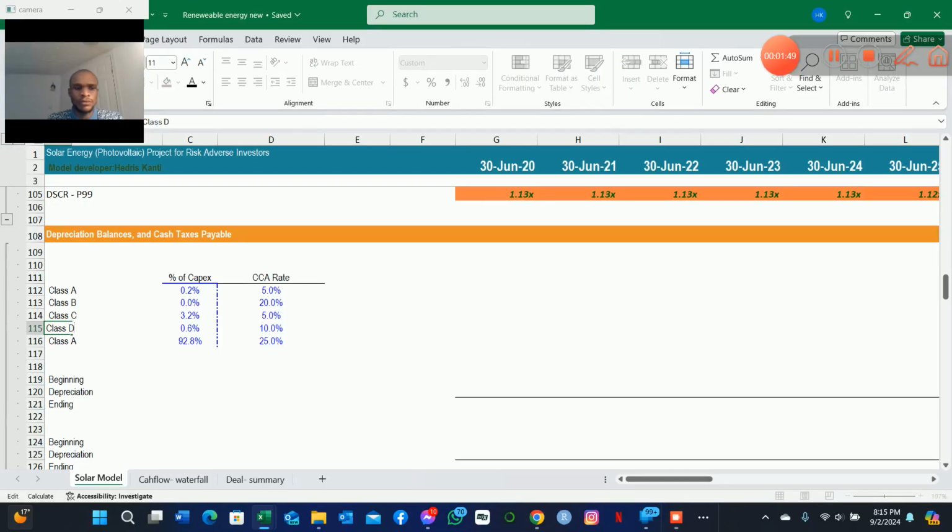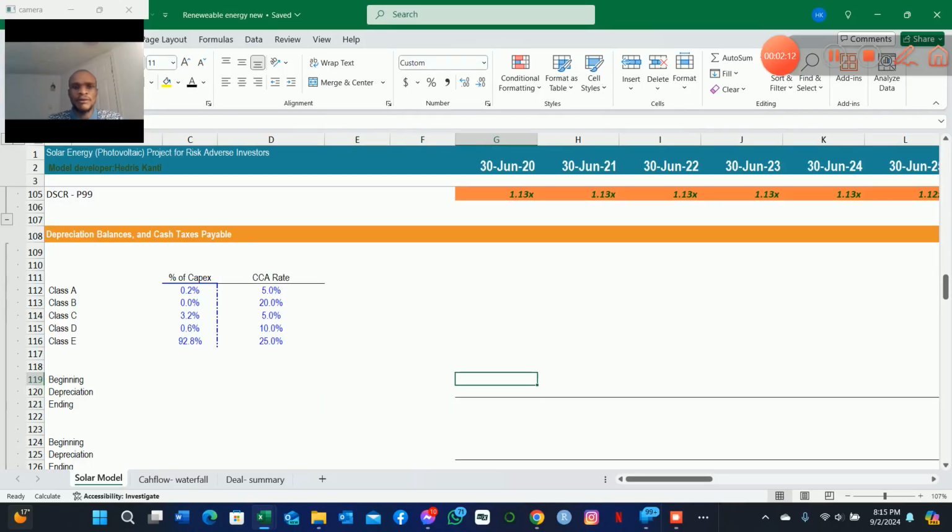Class D and class E. So we're gonna be depreciating these assets under these different classes.